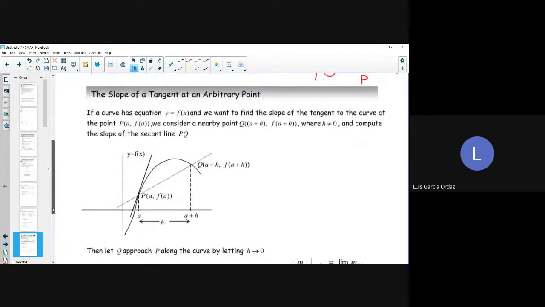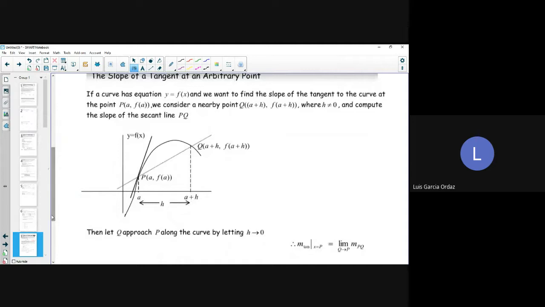Now we're going to talk about the slope of a tangent at an arbitrary point. If a curve has the equation y equals f of x, and we want to find the slope of the tangent to the curve at the point P, a, f of a, we consider a nearby point Q, a plus h, f of a plus h, where h cannot equal 0. Why can't h equal 0 in the difference quotient?